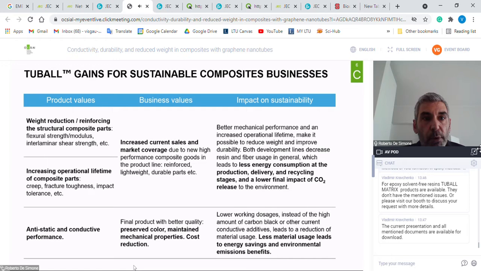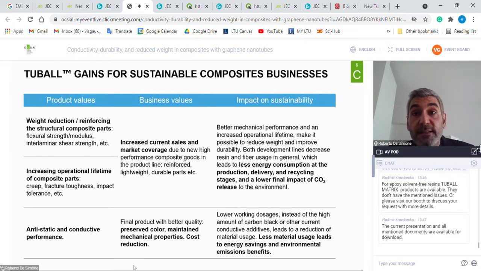We are able to improve specific properties like flexural strength, interlaminar shear, creep resistance and fracture toughness. We are also able to prolong, in a certain way, the life cycle of the part. Obviously, from the business point of view, this is a big impact, because it's quite easy to understand the benefit.